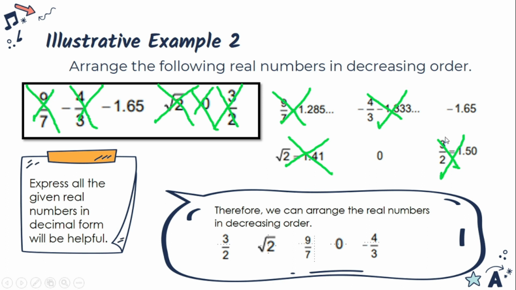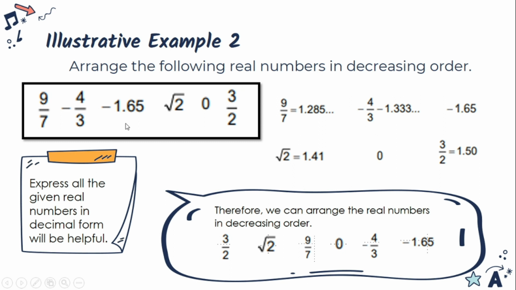So, meaning to say, 1.33 is bigger than 1.65. Okay? At syempre, yung pinakamaliit natin dyan is the negative 1.65. Okay? Therefore, in this given set of real numbers, the highest number is 3 over 2 and the lowest is negative 1.65.